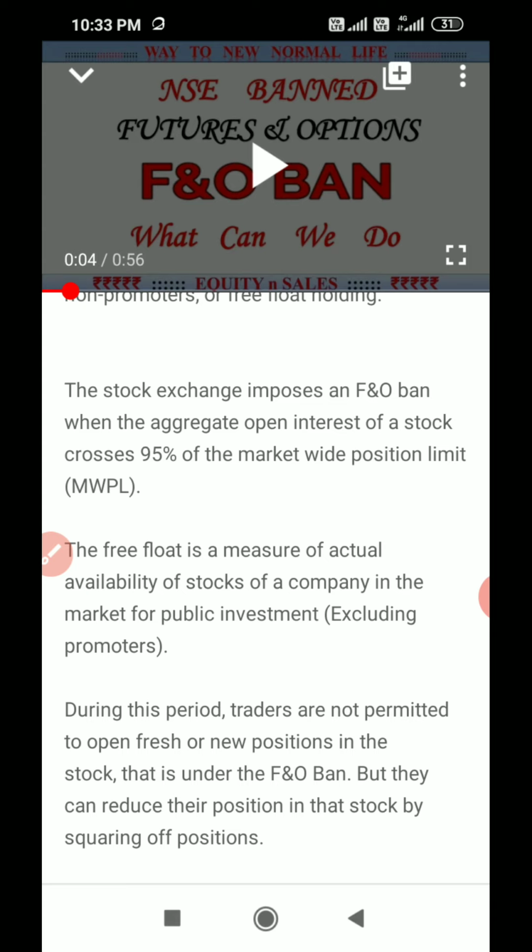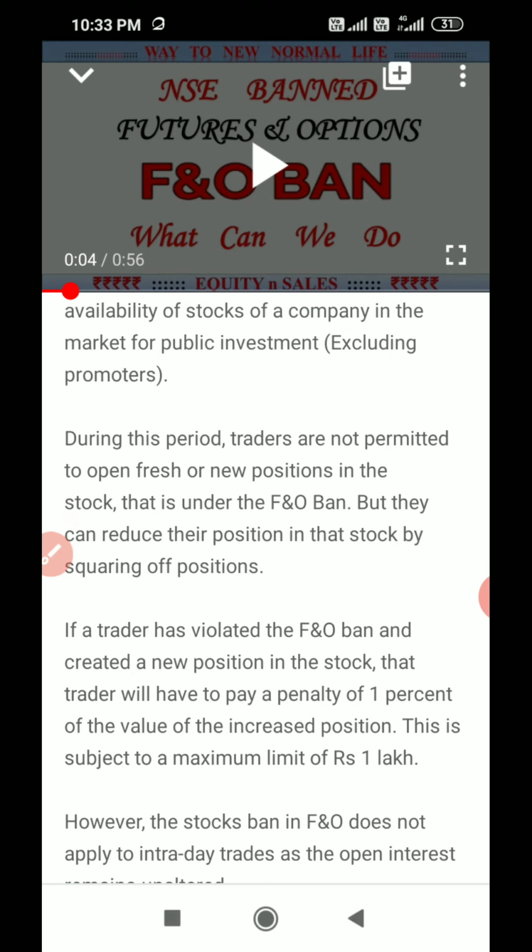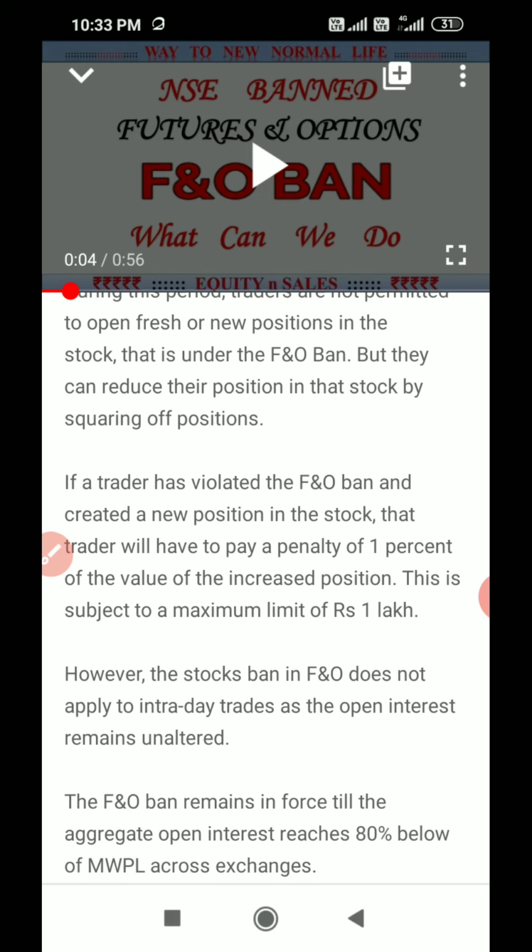One thing we need to notice: even if the market imposes a ban, it will not affect intraday trading, because there is no new position coming. If a new position is opened and squared off by the end of the day, there will be no new position. So the ban applies only to taking new futures and option positions.